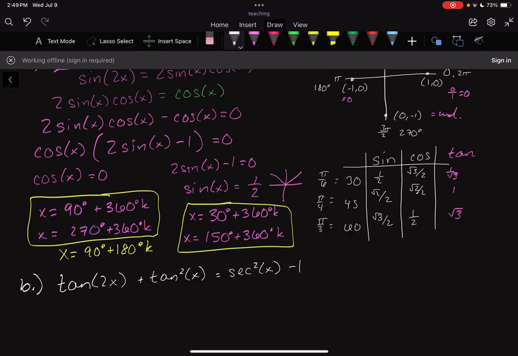And let's say for this one, we'll look for x, and we'll say 0 to 360 for this one.